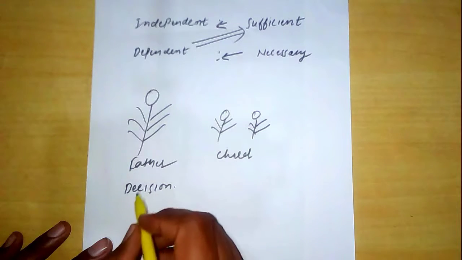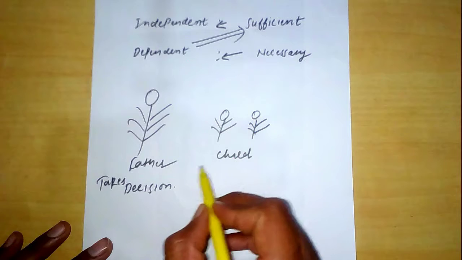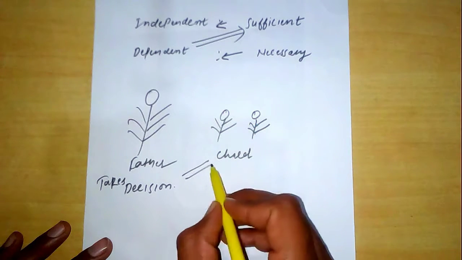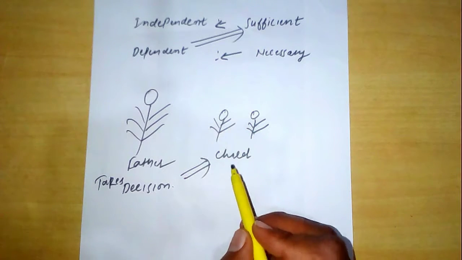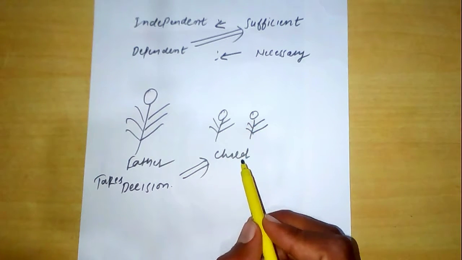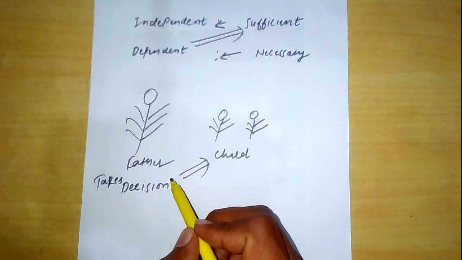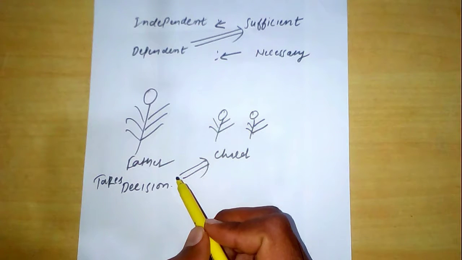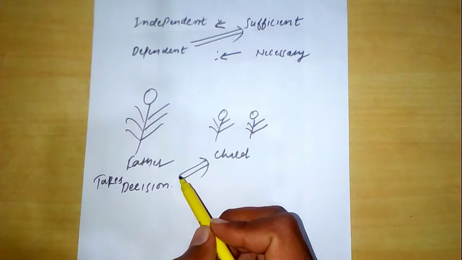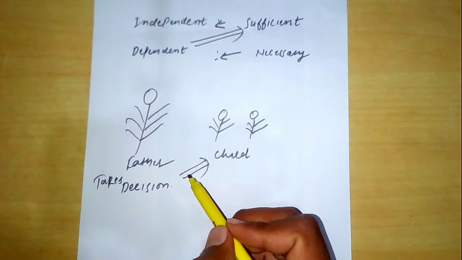If the father takes any decision for the family, then that decision must be followed by the children, no other option. If a father says that in our family each child will get two bananas, then this is the condition that each child should follow.